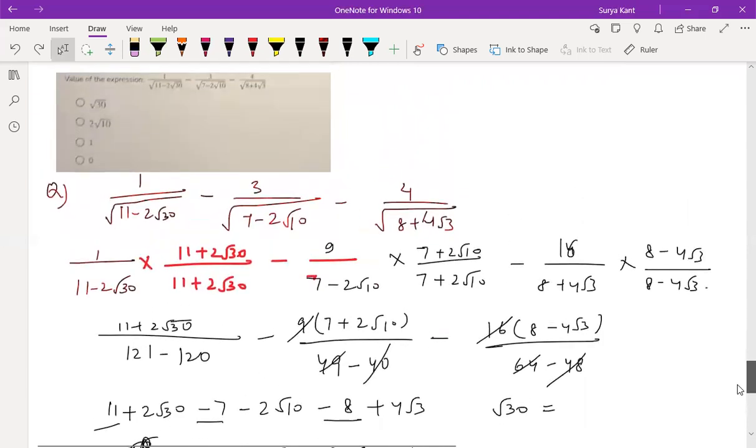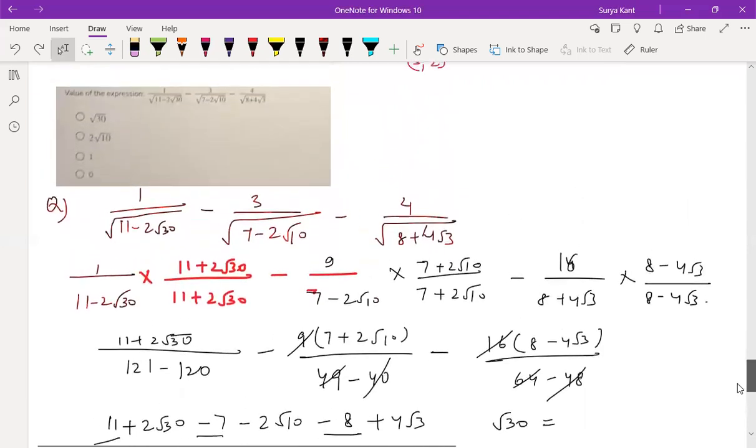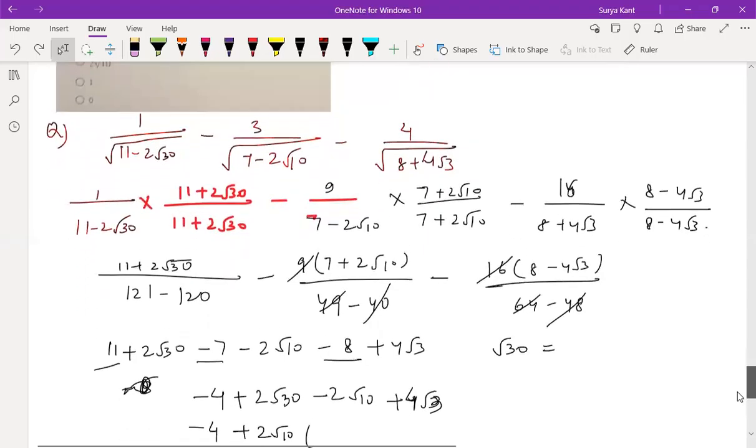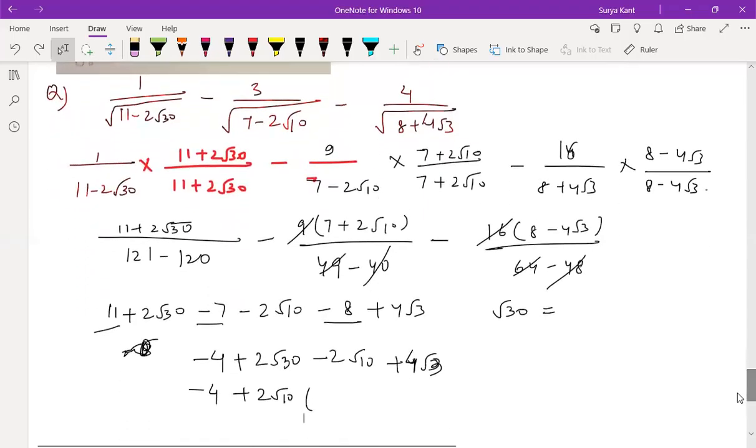8 minus 4 root 3, 16. Can we do one thing, like 11 minus 2 root 30 can be written as some square?